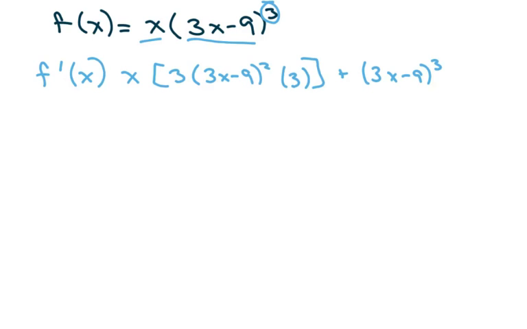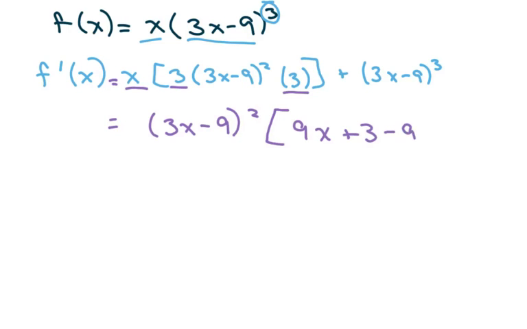Alright, so by grouping here, we can write this as 3x minus 9 squared, and then we have 9x, which is this part, times plus 3 minus 9. So I just clean this part up.